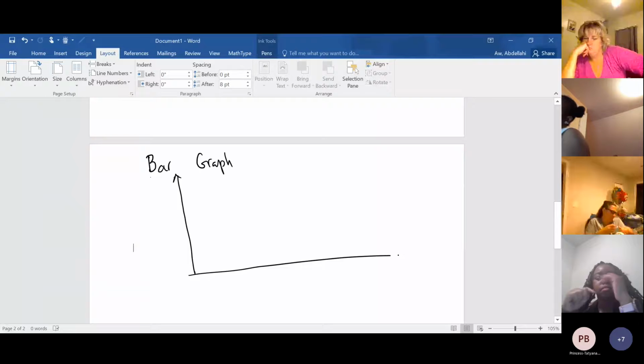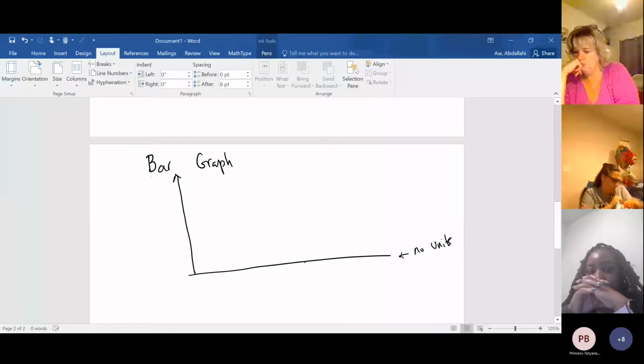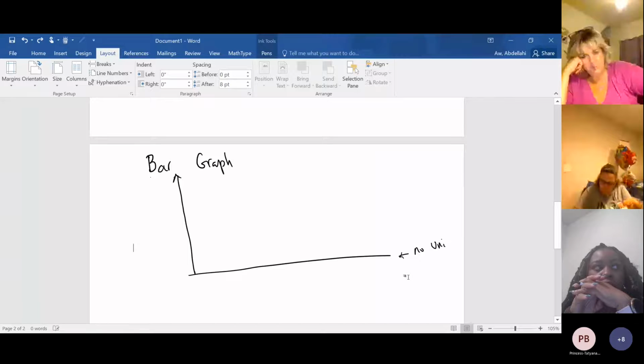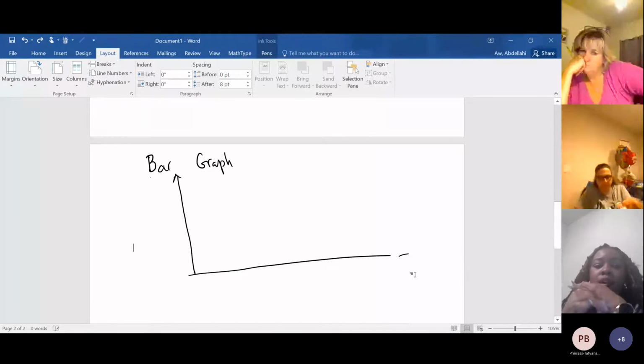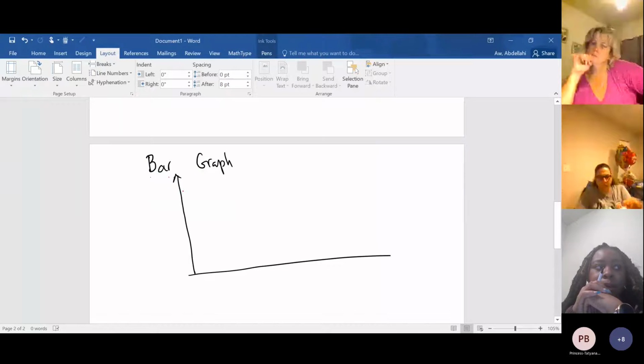We don't have units on the horizontal axis. How are you going to put espresso as a unit? How are you going to put soda as a unit? So on the horizontal axis, we don't expect any numbers. Whatever the data is, this is what you're going to represent. The vertical axis, we do expect a number line.